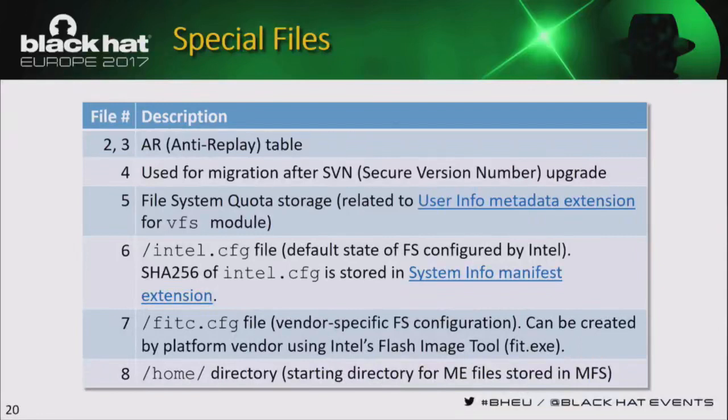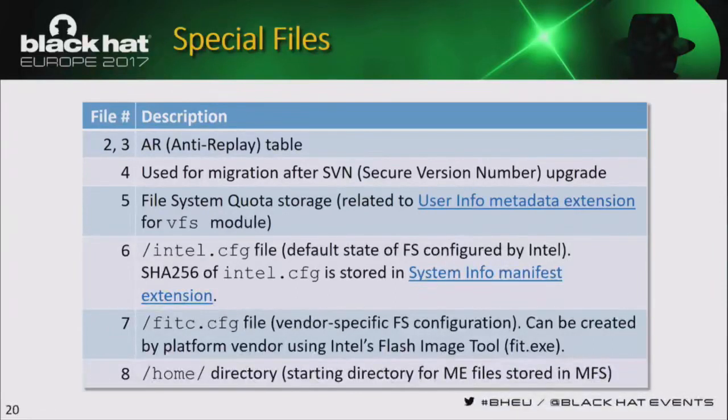And file number 7 contains the same data. The difference between them is that this one could be created by the vendor, by the companies that produce motherboards, but the other one is created by Intel.